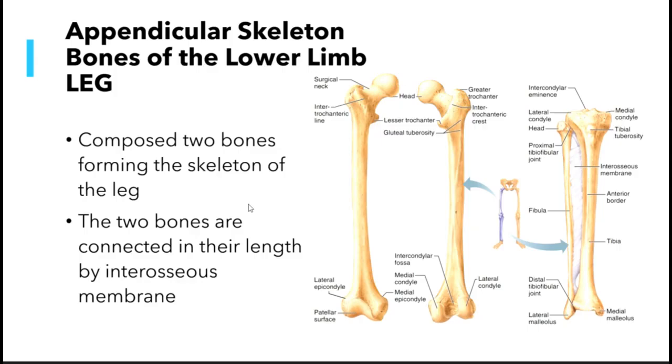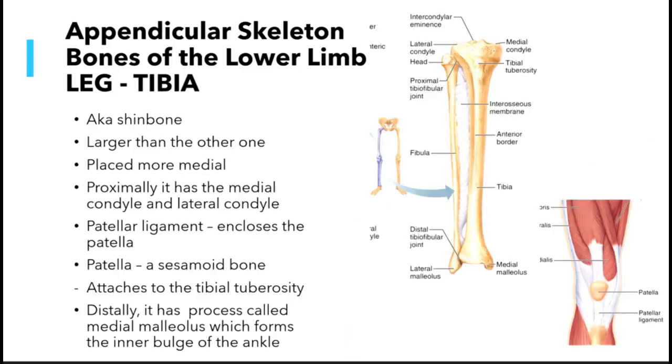Now let's have the bones of the leg. It is composed of two bones, your tibia and fibula. Let's have the tibia, also known as your shin bone. It is a larger bone than the fibula. Proximally, it has the medial condyle and lateral condyle.